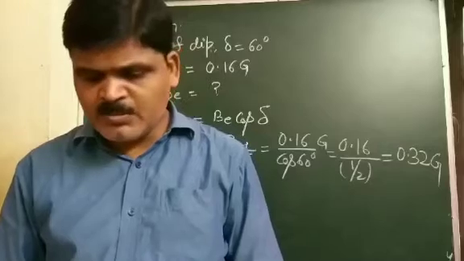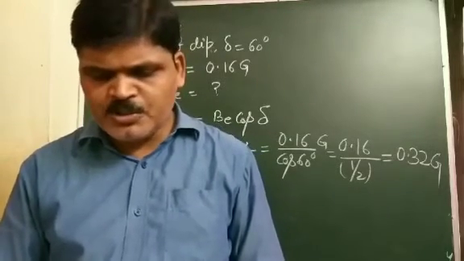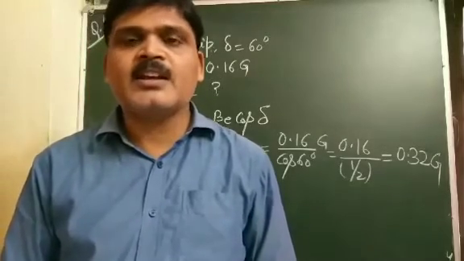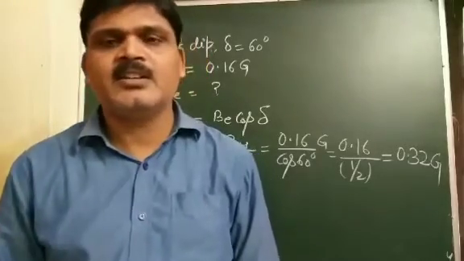The direction of the Earth's magnetic field is 12 degree west of geographical north, which makes an angle of 60 degree above the horizontal.